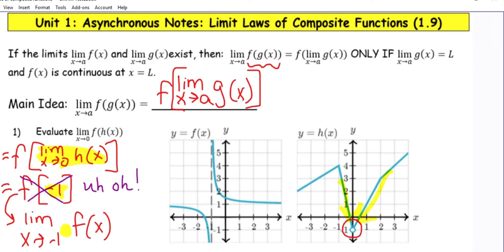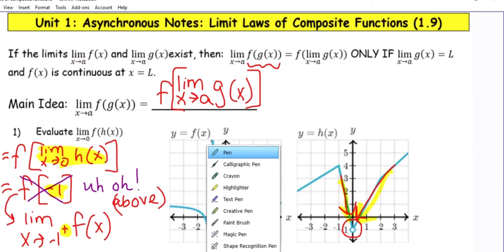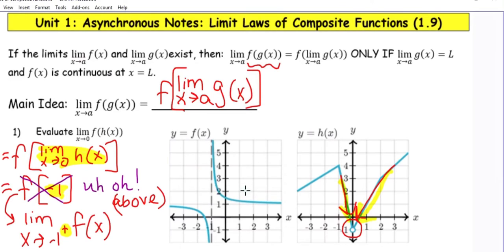We got -1 by coming from above -1 to get there. Because we came from above, we put a little plus sign there. We'll do plenty of examples, but it's a one-sided limit, and I put a plus sign there because when I found my original limit, I came from above.